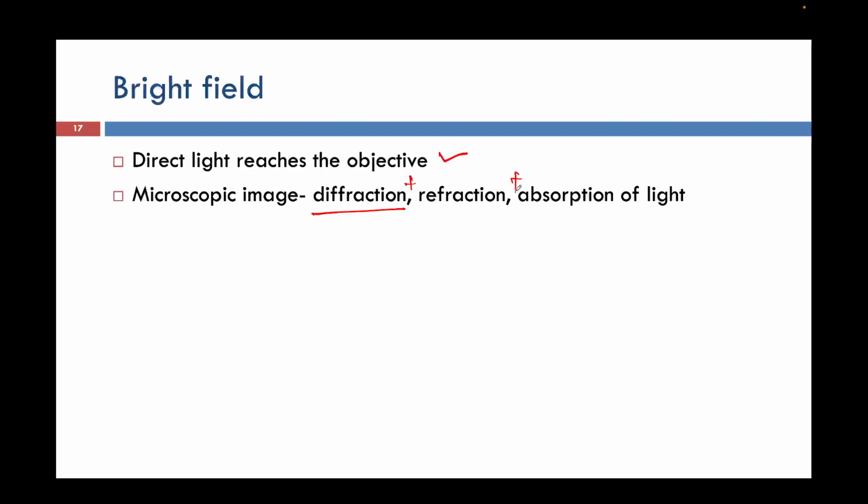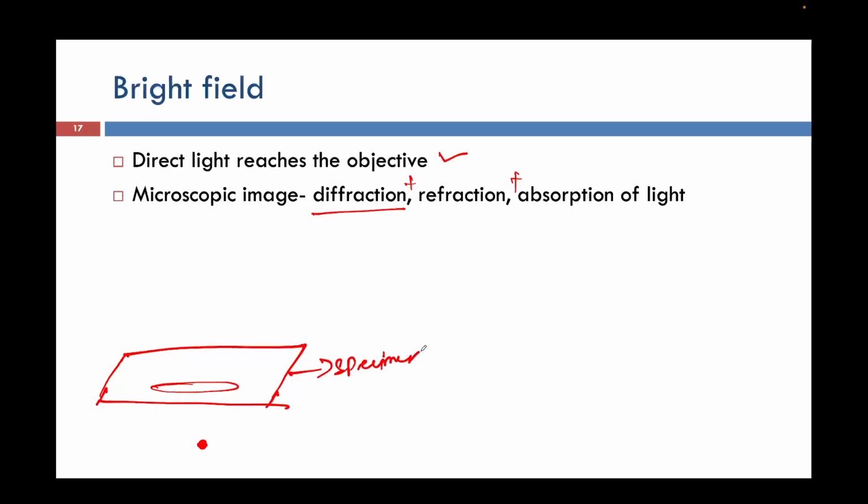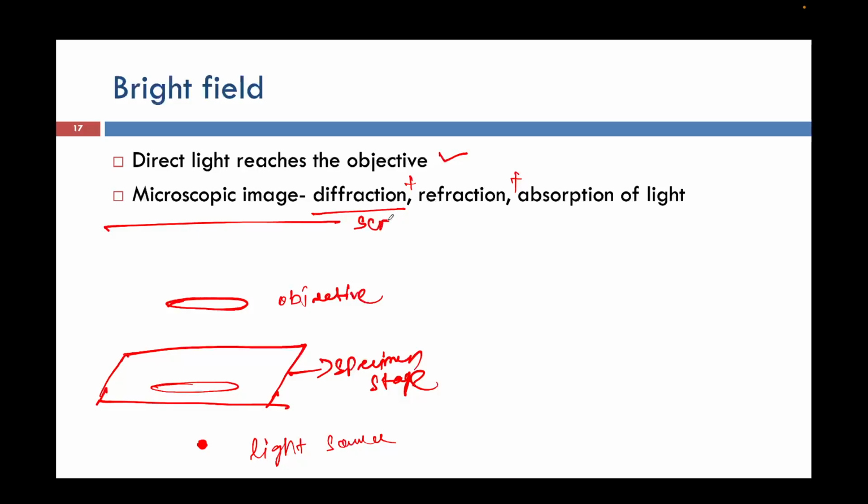Let's say this is my sample and this is my light source. This is my specimen stage, and here I have kept my objective, and here my screen or detector.